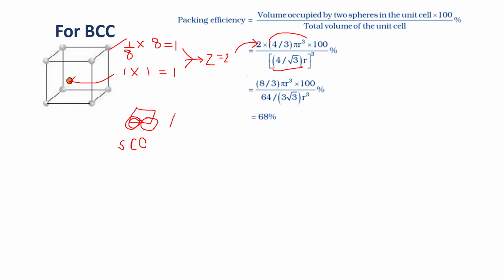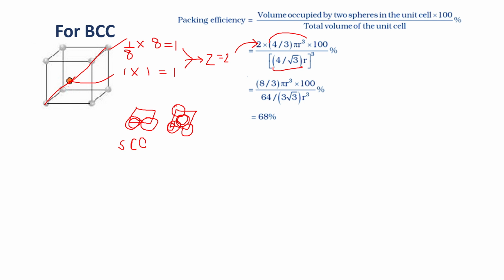But in the case of BCC, since there is a particle present in the body center, the corner particles won't touch each other, rather there will be a gap between them. But the body center particle will touch the spheres present diagonally to each other. So this sphere will touch this sphere and will be touched by the diagonally present sphere.